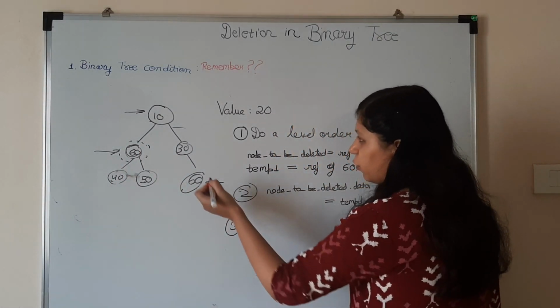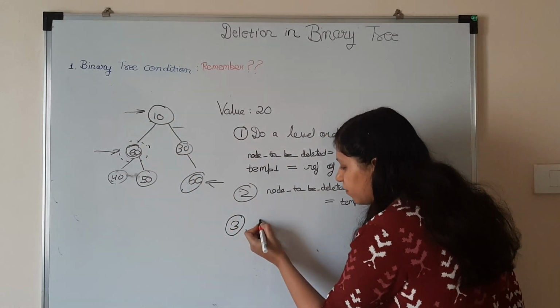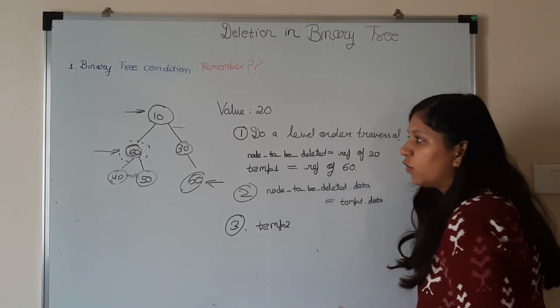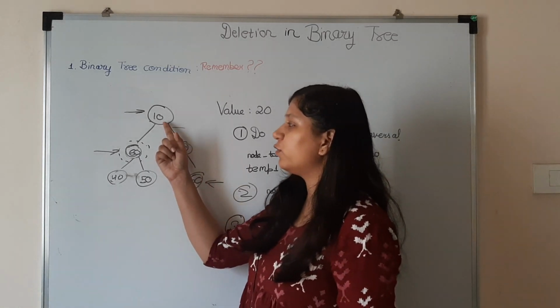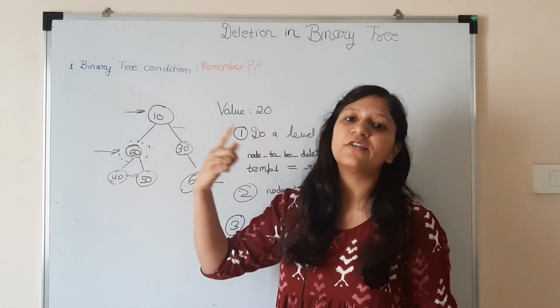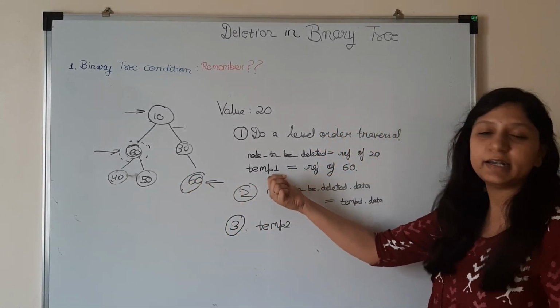So suppose you are again doing a level order traversal using a temporary variable temp2. Every time you do this traversal, you will check if temp2 dot left or temp2 dot right is equal to the last node, whose reference is in temp1.